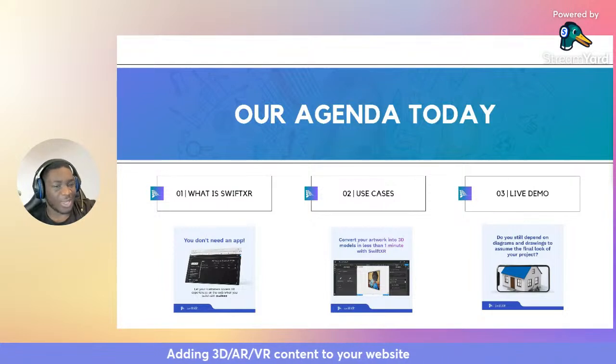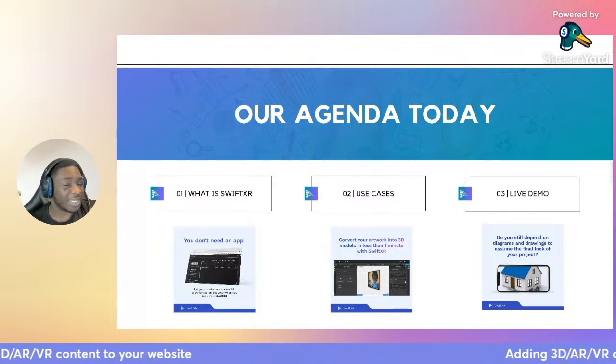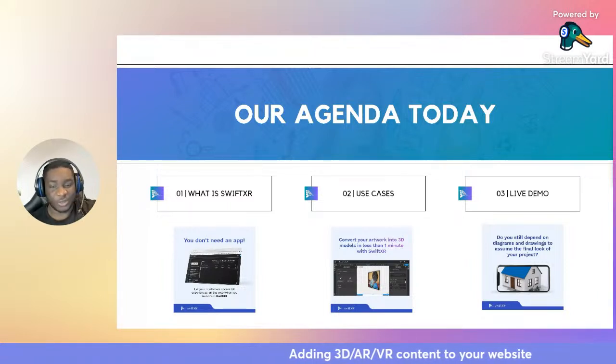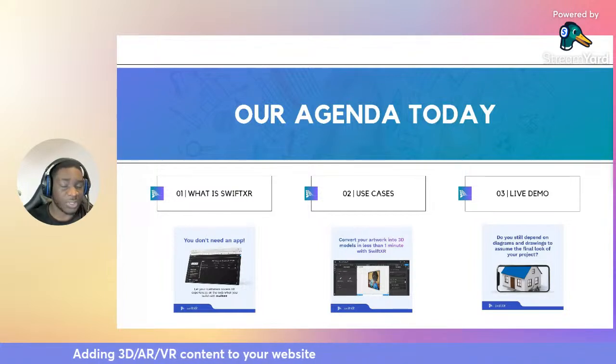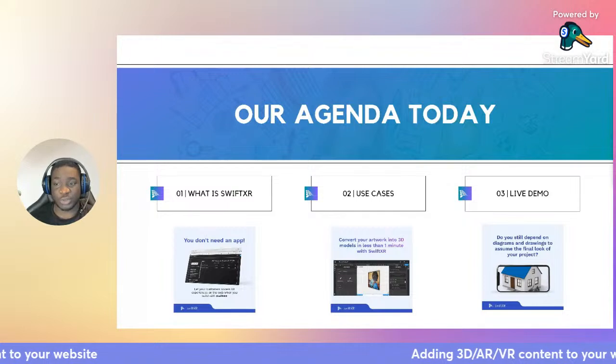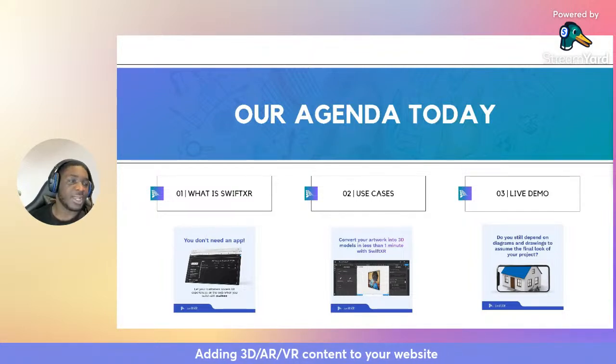And on top of that, we have augmented reality, which allows you to overlay 3D objects onto the real world via the use of a mobile device or any other device that supports augmented reality. And then you can see these 3D objects within your real world via the help of some form of camera, right?